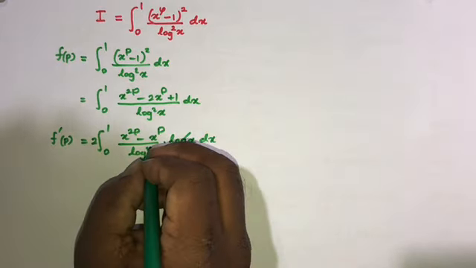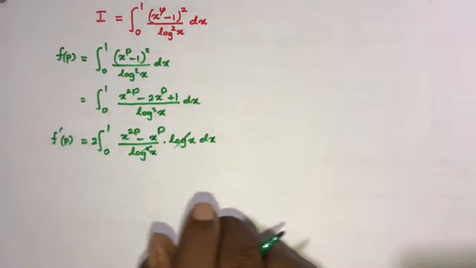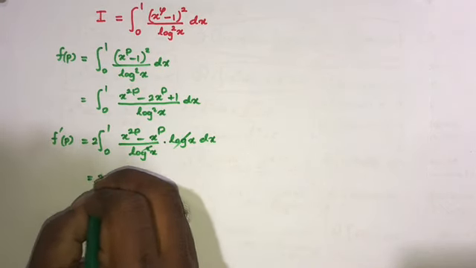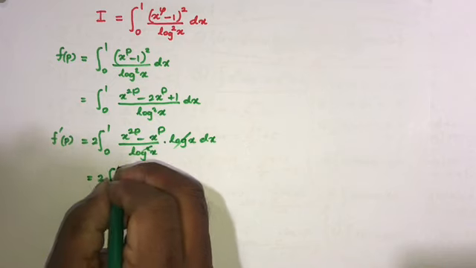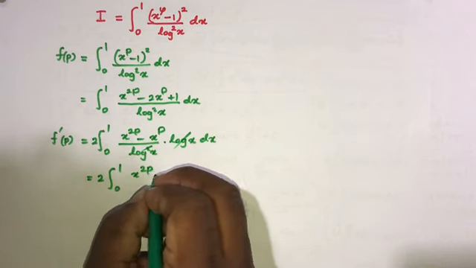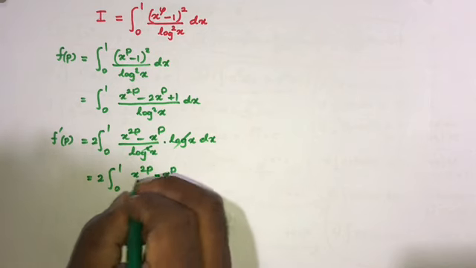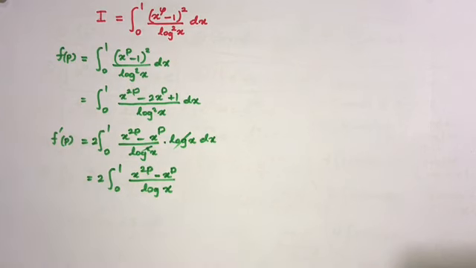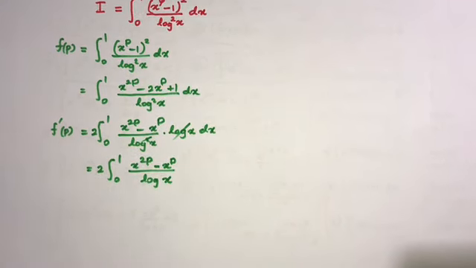Now the log(x) and log²(x) get cancelled, and we will have 2 times the integral from 0 to 1 of (x^(2p) − x^p) over log(x). Well, then I am going to take the second derivative.